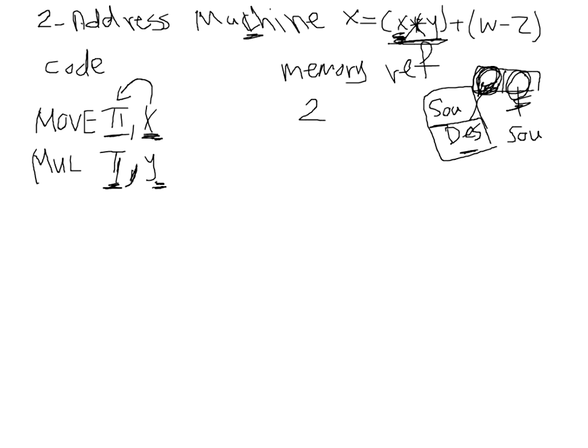So t1 is the source and destination. Now, how many times do we access the memory this time? 3 times. Why 3 times? First, we need to get the value of t1. Second, we need to get the value of y. Third, we need to store the result in t1. So we have 3 memory references.